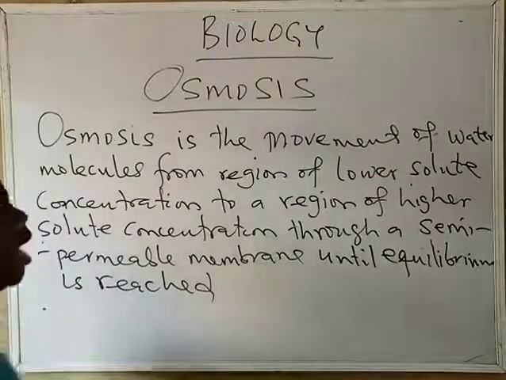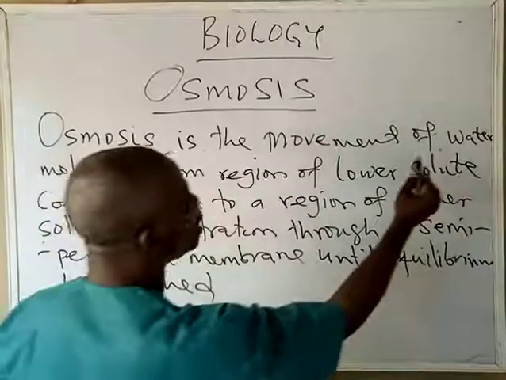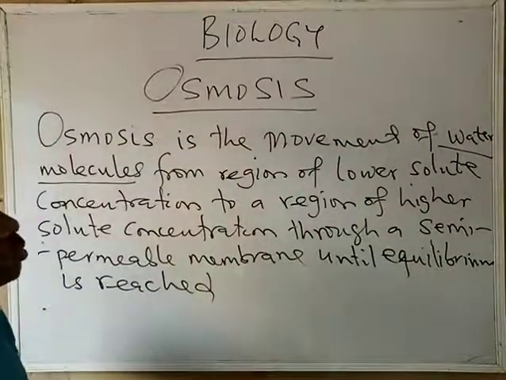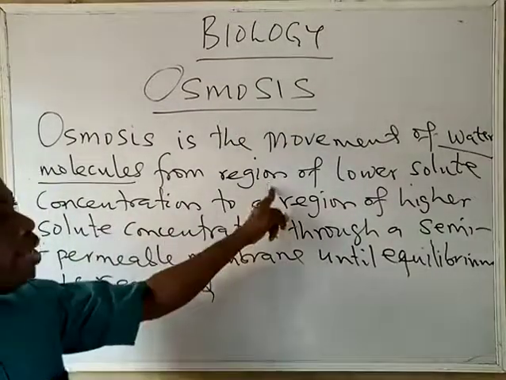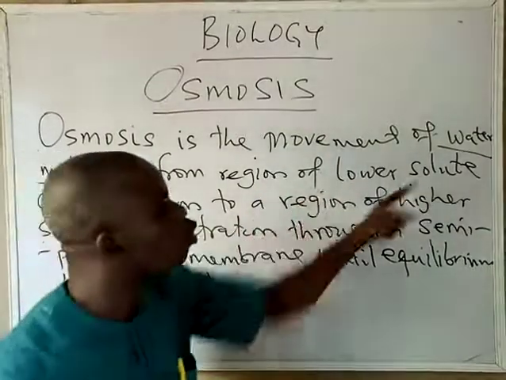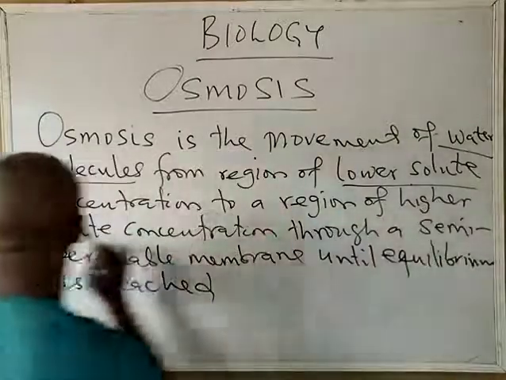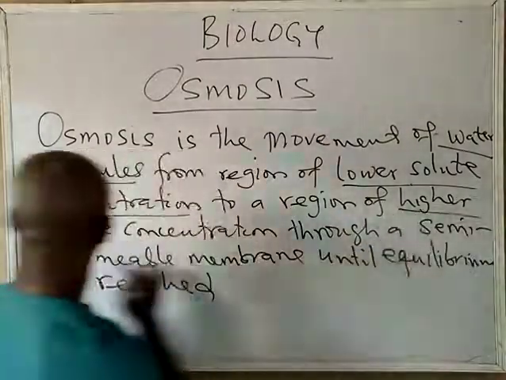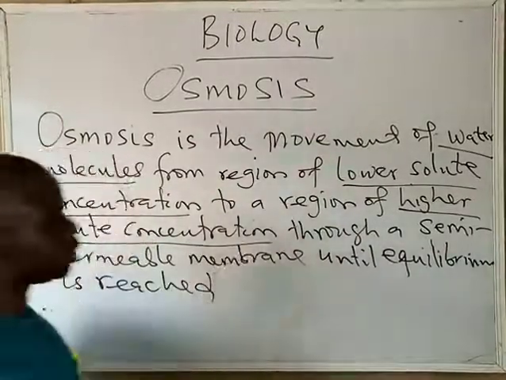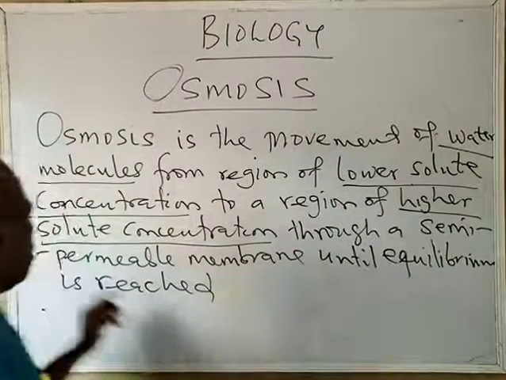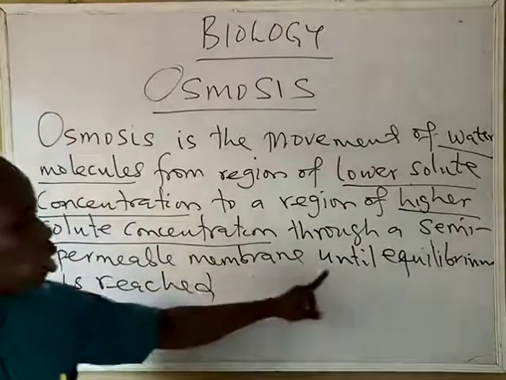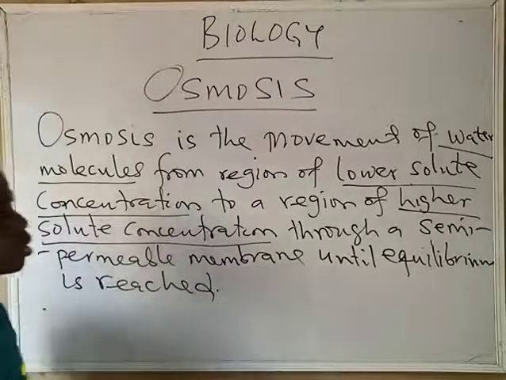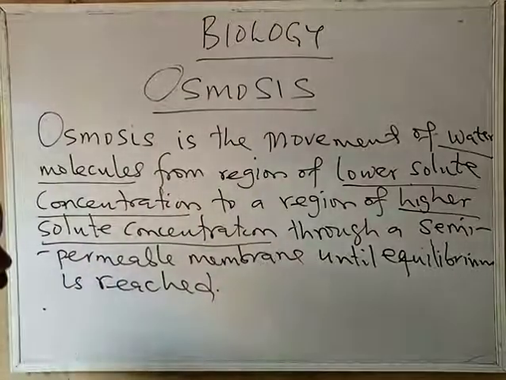One, we have pointed out that osmosis is strictly movement of water molecules. And this movement is from a region of lower solute concentration. We are going to give meaning to that. To another region of higher solute concentration through a semi-permeable membrane until equilibrium is reached. That's the complete definition of osmosis.